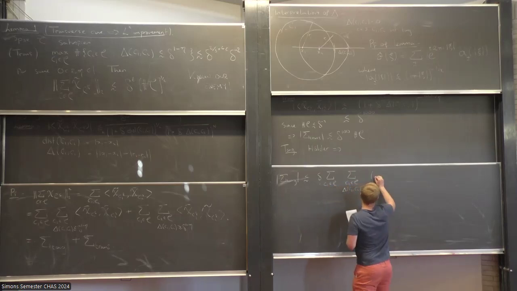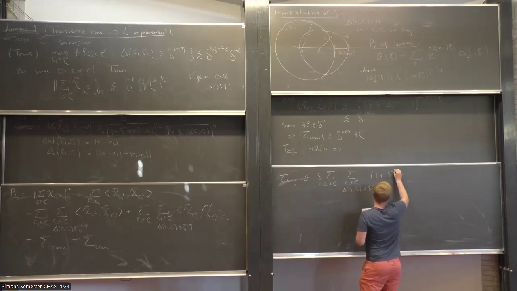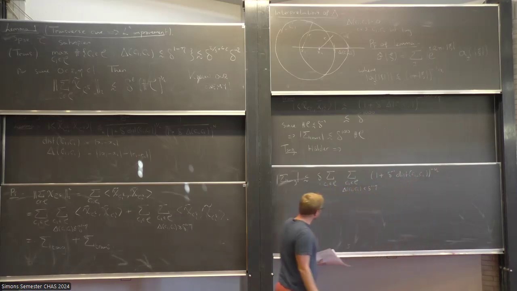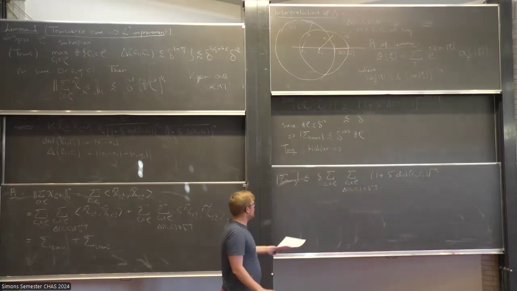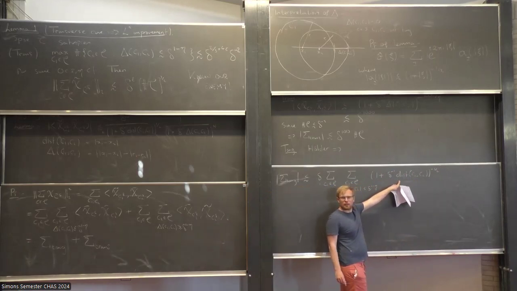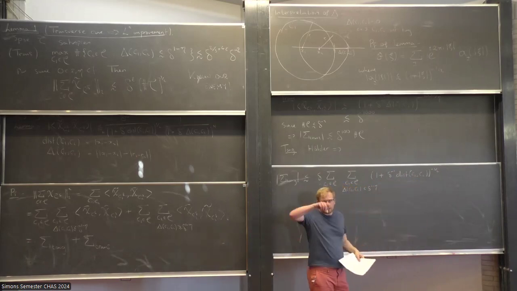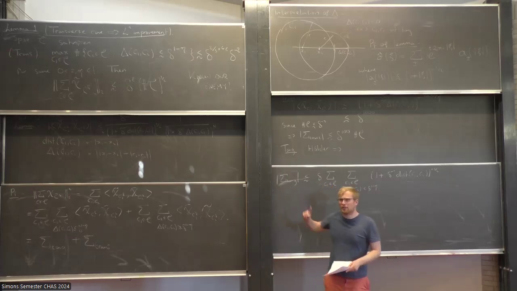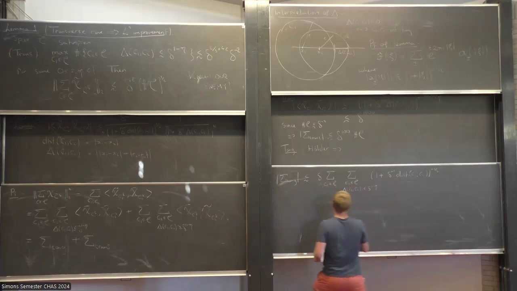And then I'm going to have this 1 plus delta minus 1 times the distance between centers, to the minus 1 power. Okay? So what I want to do is make this thing kind of summable, in the sense that the sum is bounded independently of delta, more or less. So because we're in R2, we'd like a minus 2 power. So I'm going to use Holder to lift this to a minus 2 power.